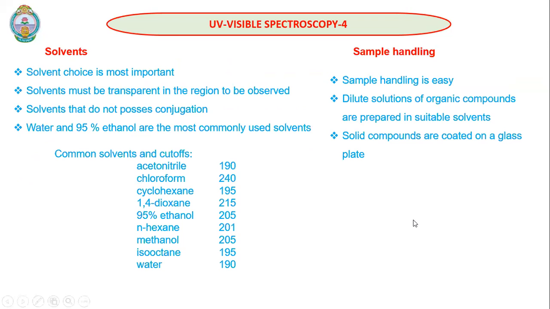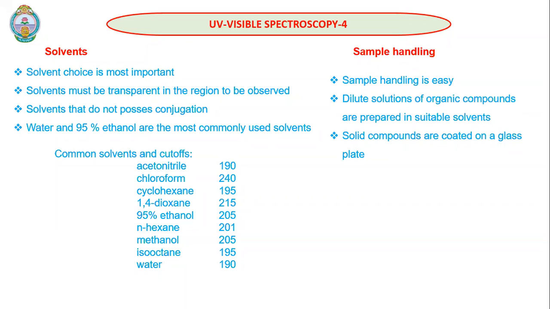Now we will look at the solvents. Solvents are most important when we collect UV visible spectra. We must choose solvents in such a way that they do not mingle with the compound spectrum. Generally, we take a 200 to 700 or 200 to 900 nanometer UV range.